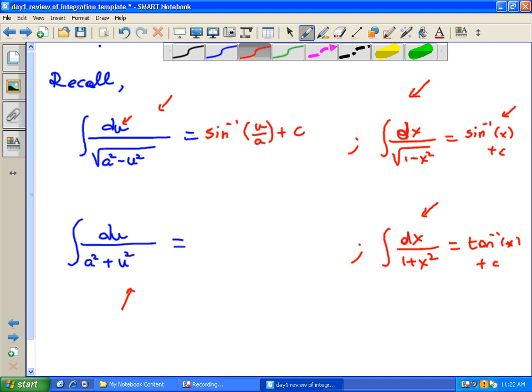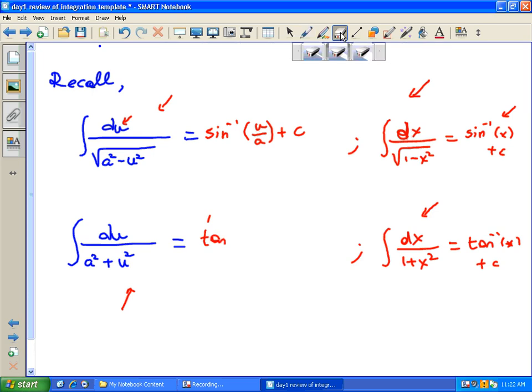First of all, you see the sum of squares on the bottom, so you should remember this is the tangent inverse function: tangent inverse of u over a. We also learned that there was an additional 1 over a in the formula for the tangent function. Again, these are formulas I expect you to be familiar with, and they should be listed on that handouts list.